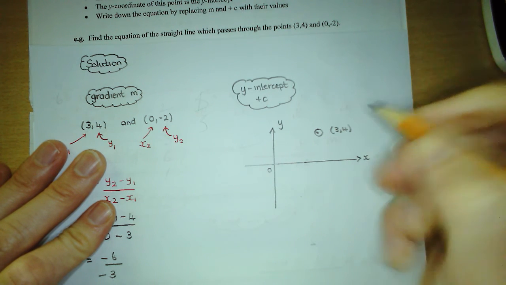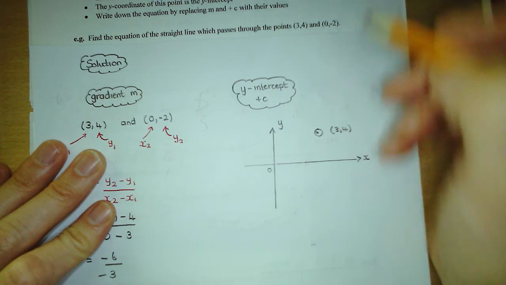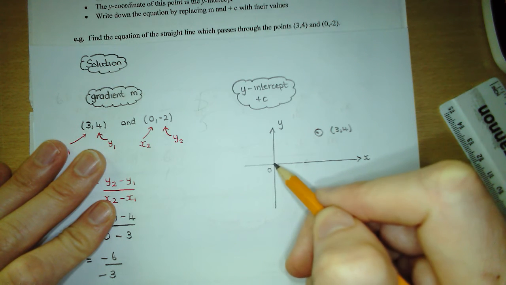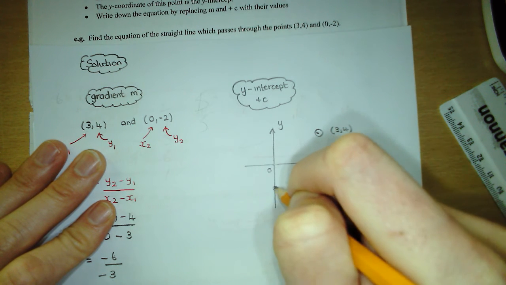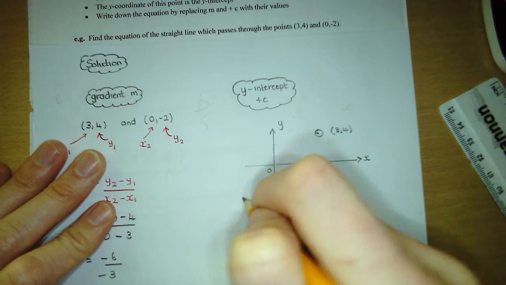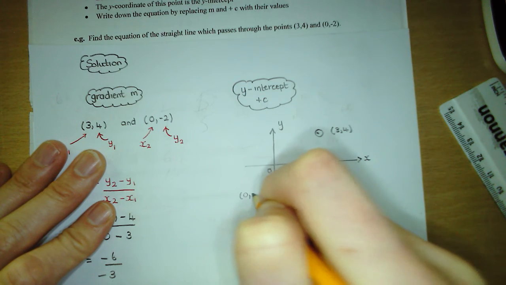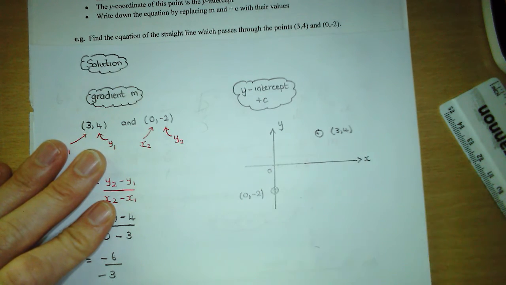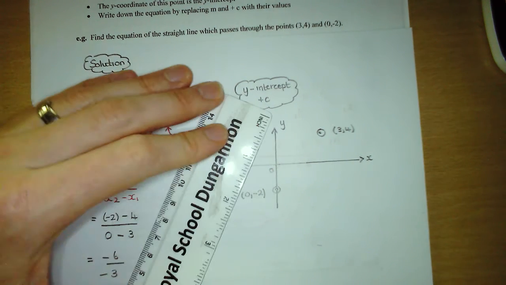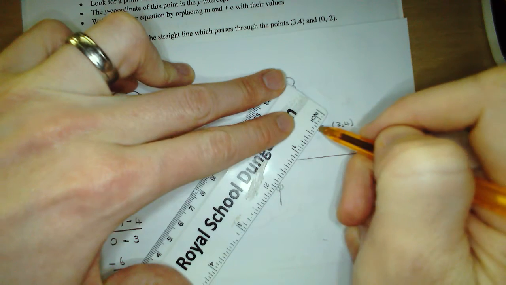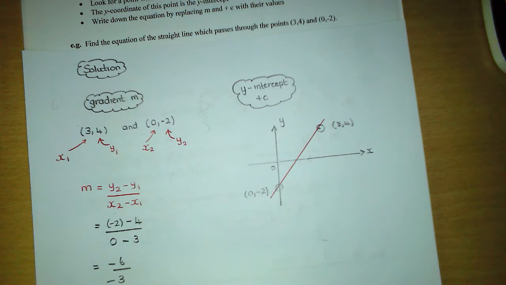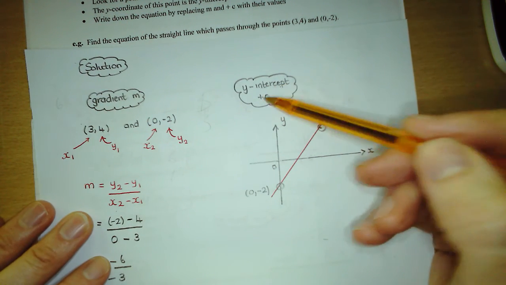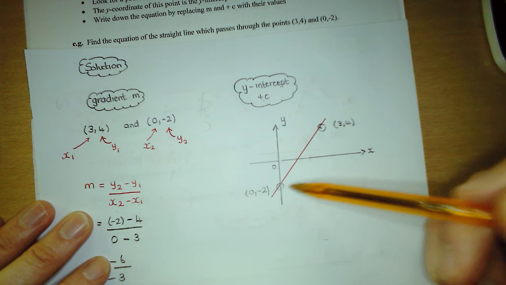And then we'll sketch the position of 0, minus 2. So move along the x-axis nothing, so you're on the y-axis, and then move down 2. So you're going to be somewhere there, so that is 0, minus 2. Again, you could join them like that.